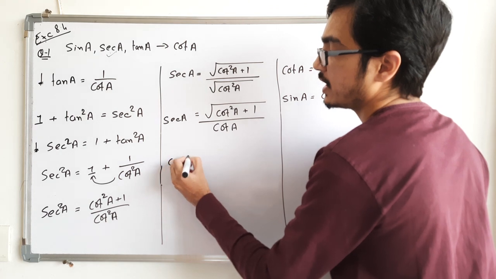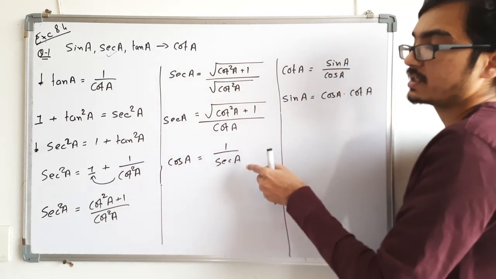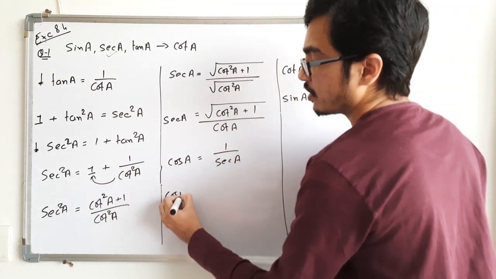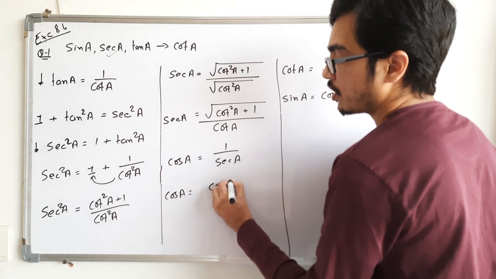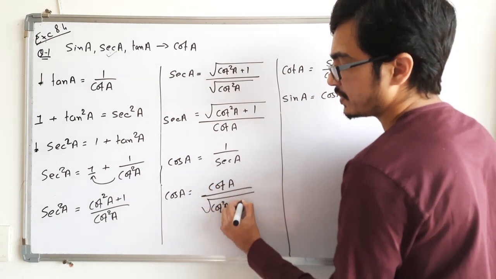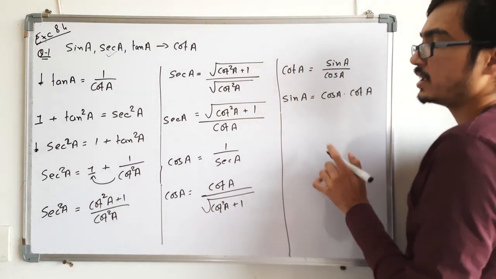Cos A is equal to 1 upon sec A, as we know. Then we can consider cos A is equal to the reciprocal of this. So cos A is equal to cot A upon root cot square A plus 1. Then substituting this value here.